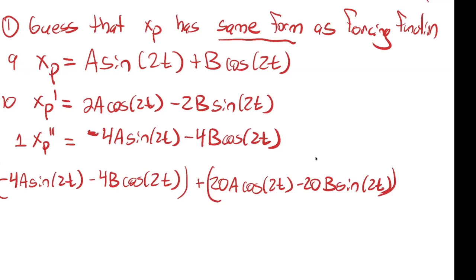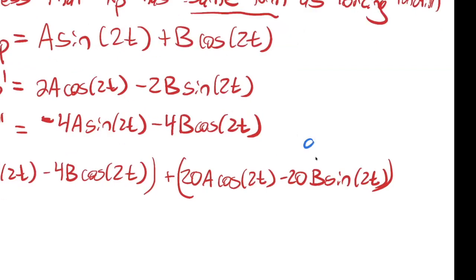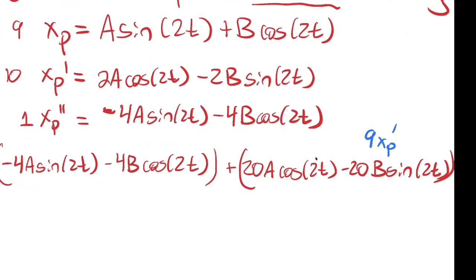So all of this stuff comes from the 10 times the first derivative. This was the second derivative. And then lastly, we need to add to that 9 times x, which would give me 9a times the sine of 2t plus 9b times the cosine of 2t.